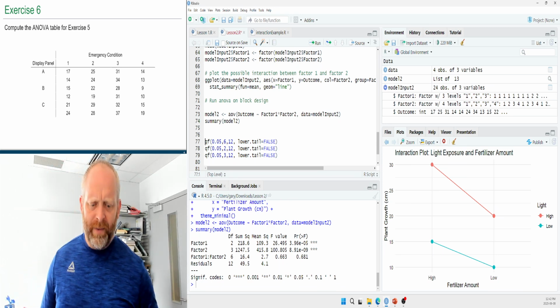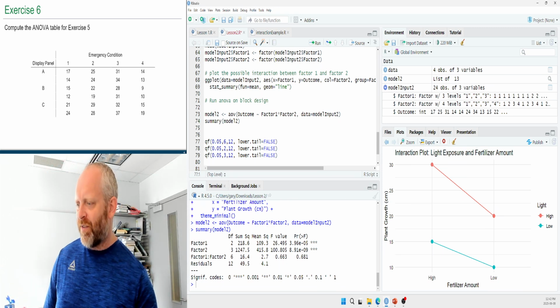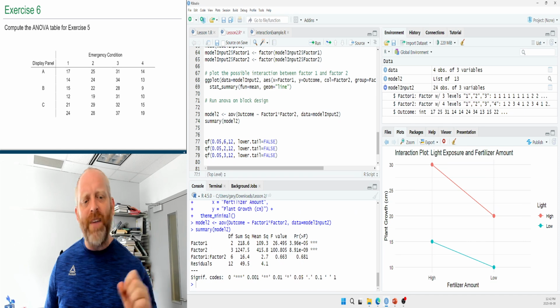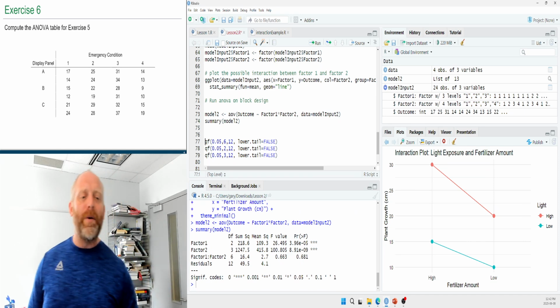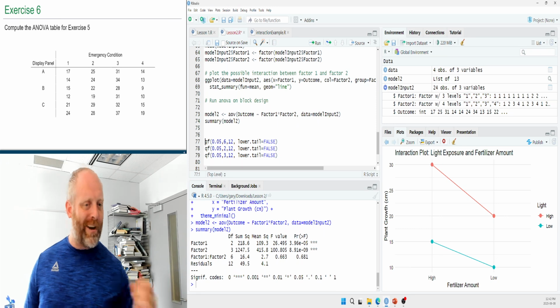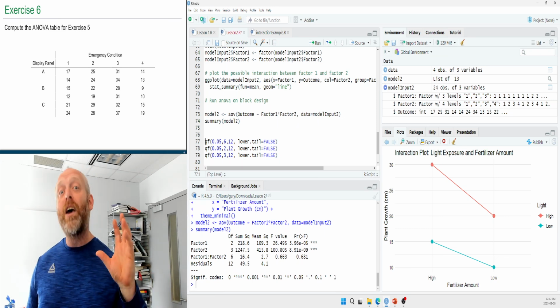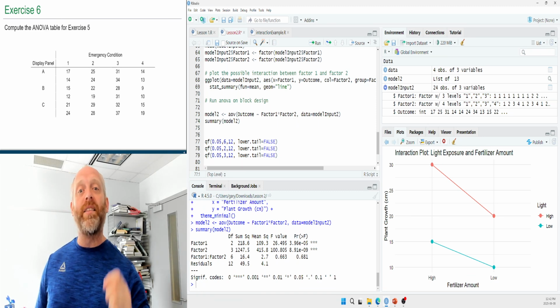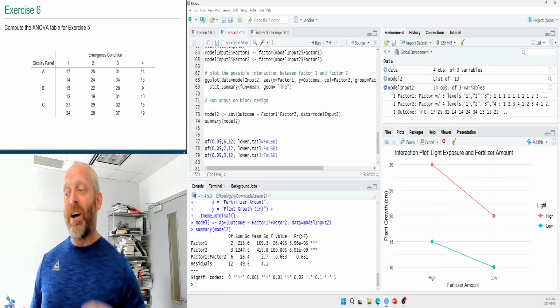Now notice in terms of my F values, do recall that when the F value is close to 0 or 1, that's usually indicating that we're going to be failing to reject the null hypothesis. When it's much greater than that, we don't know because we don't have the critical value, but when it is greater than that, we have the opportunity to reject the null hypothesis and accept the alternative.